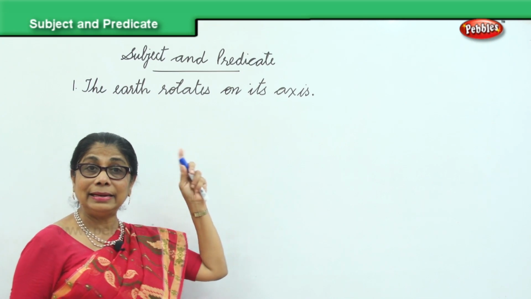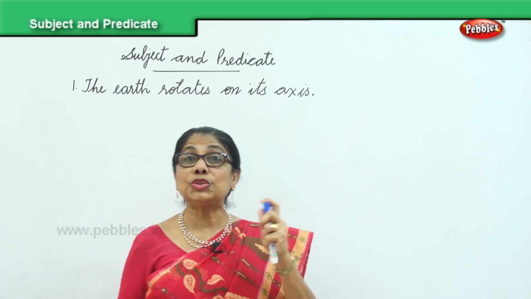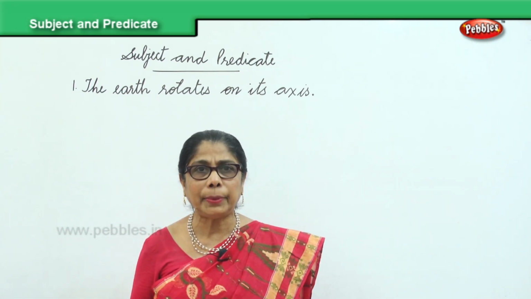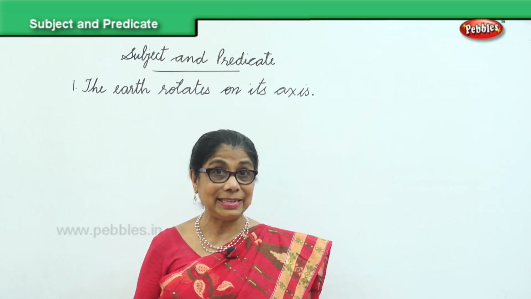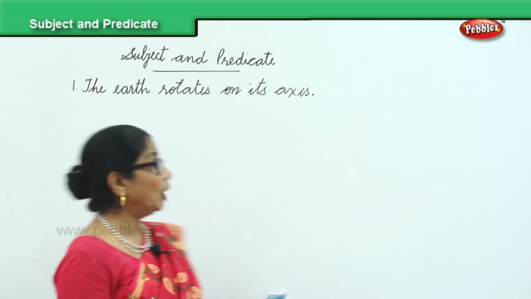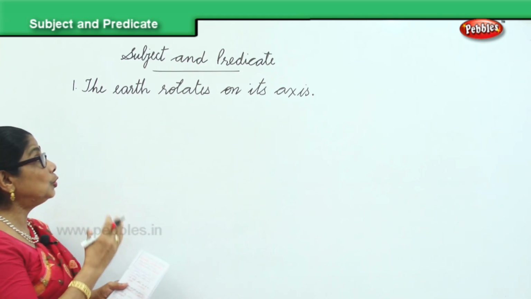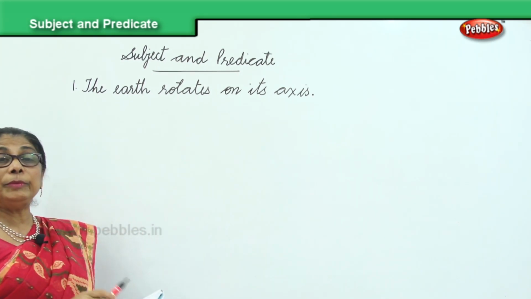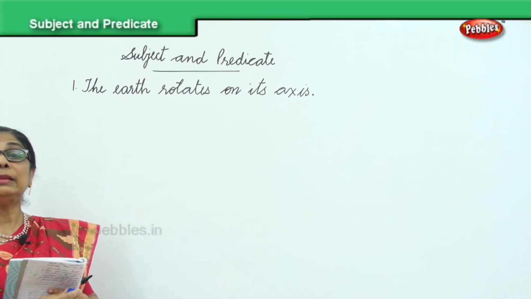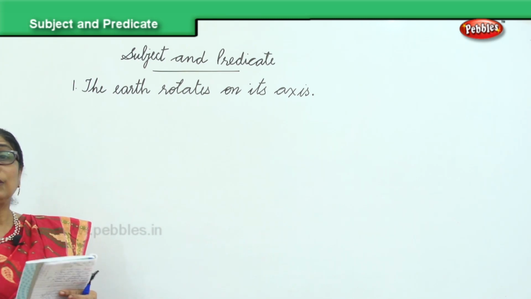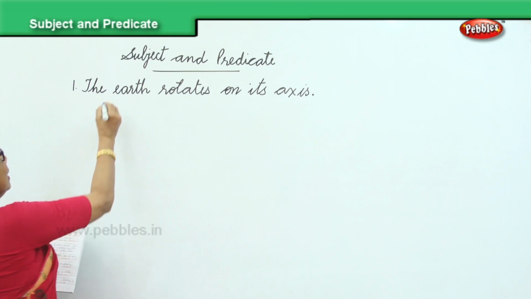As I said, a sentence has two parts and both the parts have to be present to make a complete sentence. Now, here when we talk about the earth rotates on its axis. When we say the earth rotates, the most important part here, what we are talking about is the earth.